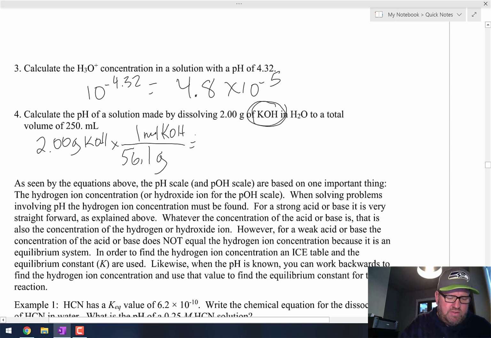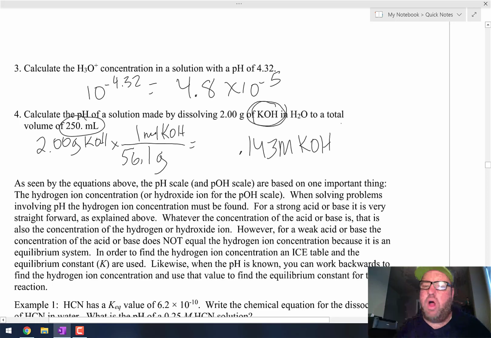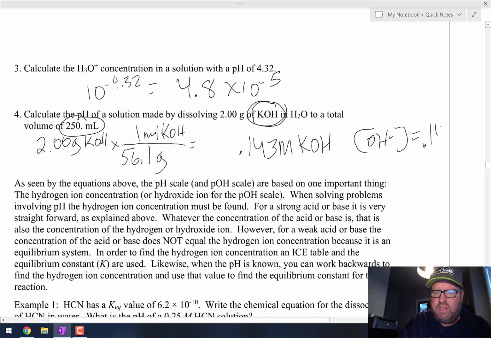So 2 divided by 56.1, don't really care what the answer is, because then I'm simply going to divide it by 0.250 liters, and I get a concentration of 0.143 molar KOH, which again, because it's a strong base, completely dissociates, and that means that the hydroxide ion concentration is also 0.143 molar.